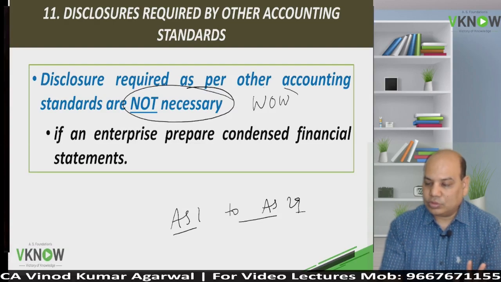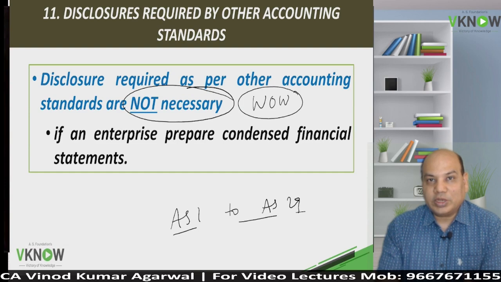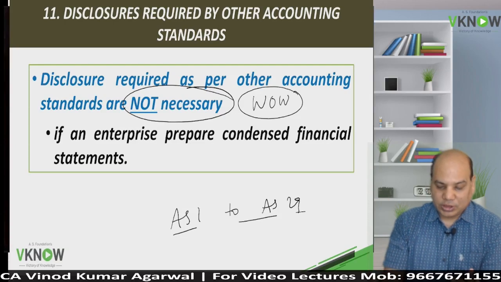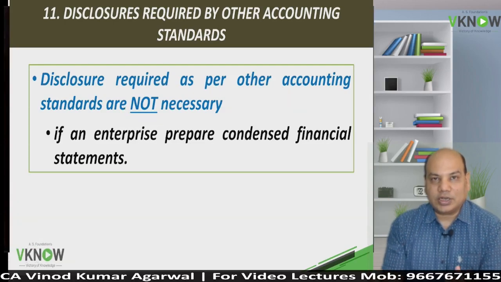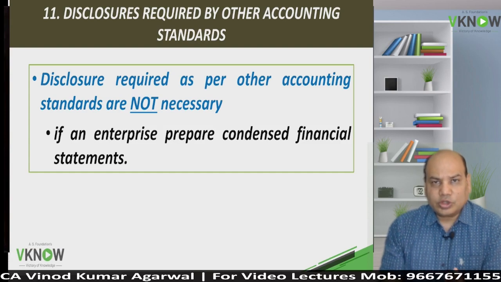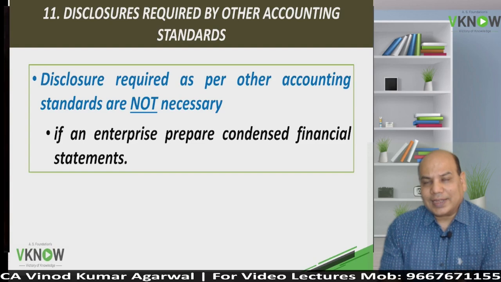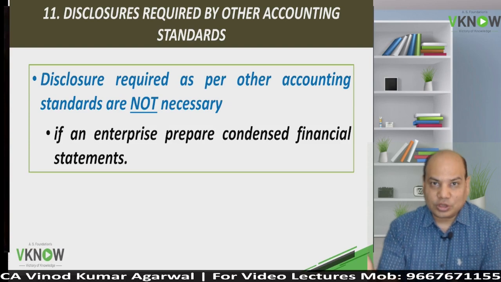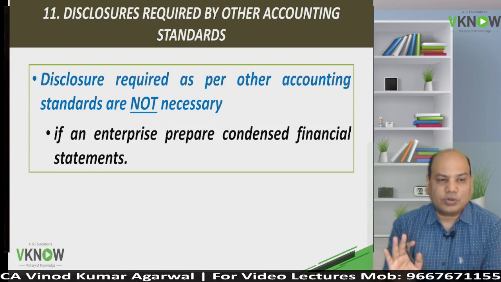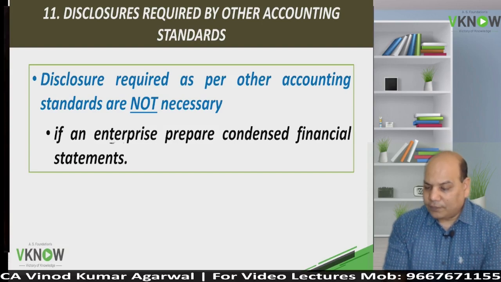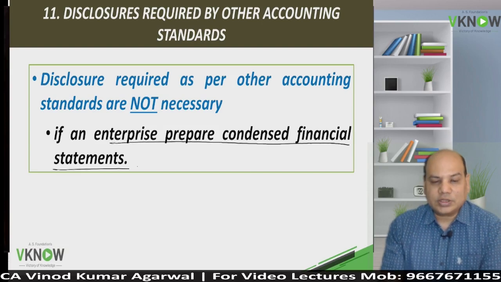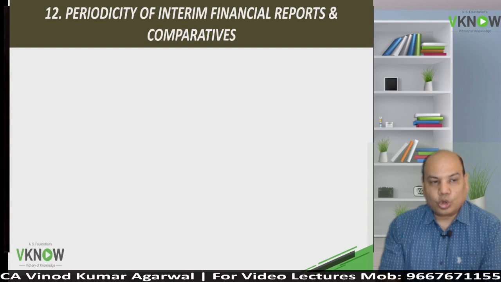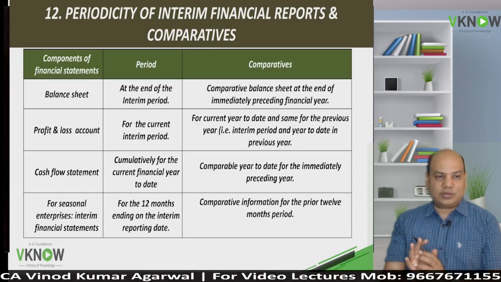So you don't have to disclose so many requirements given in so many other standards for interim period, because the objective is to save time, efforts, energy, and duplication also, because most of the information as far as disclosures are concerned are usually duplication. You will already find them in the annual report. This is not required if you are preparing condensed financial statement. Condensed, but if you are preparing complete set of financial statement, all disclosures are required to be given.